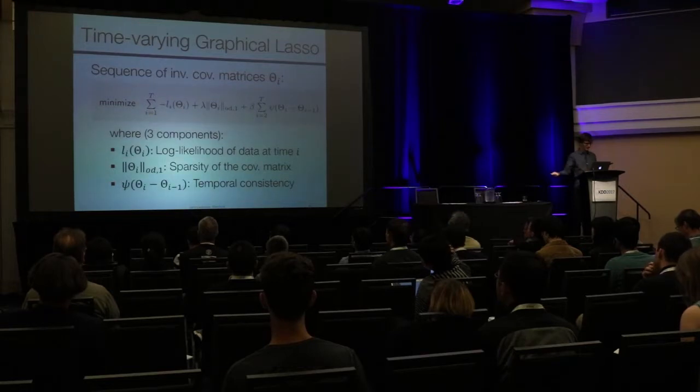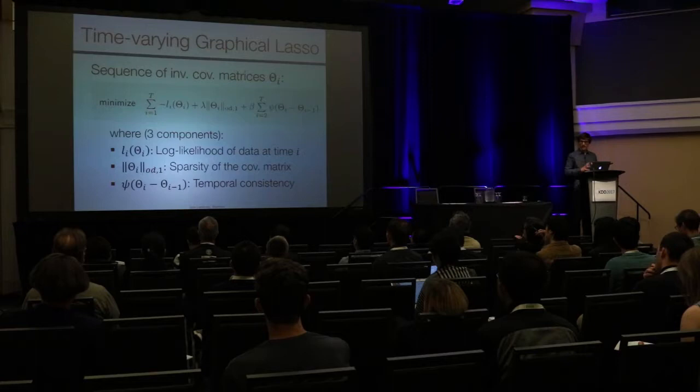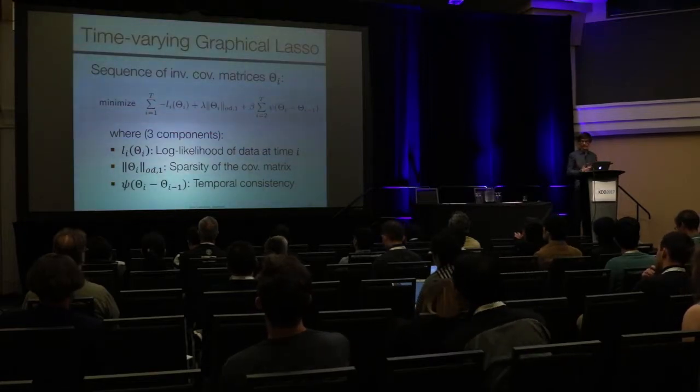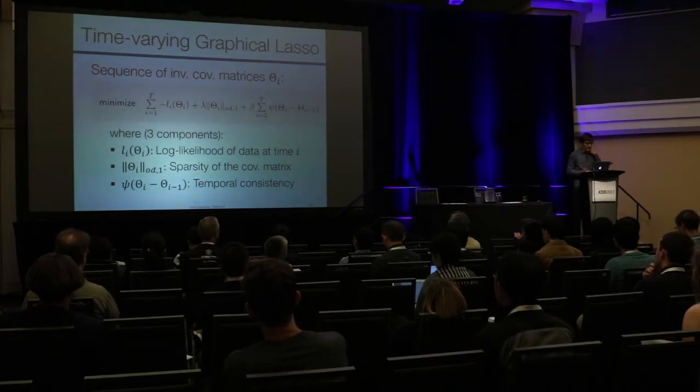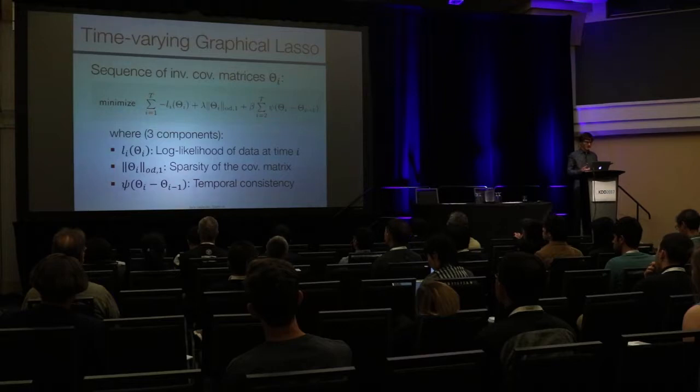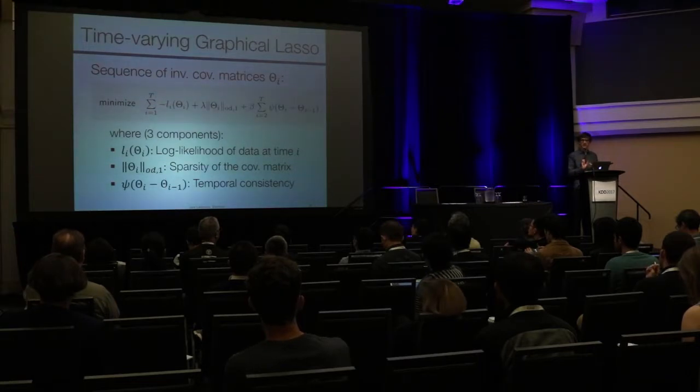Then the second term, where I have the lambda, that's the sparsity penalty, where basically I say the networks I want to infer, I want them to be sparse. I want most of the entries of my network theta to be 0. And then the last part, the one with beta, that's the temporal consistency part, where I say that 2 consecutive networks at time i and time i minus 1 have to be similar, right?